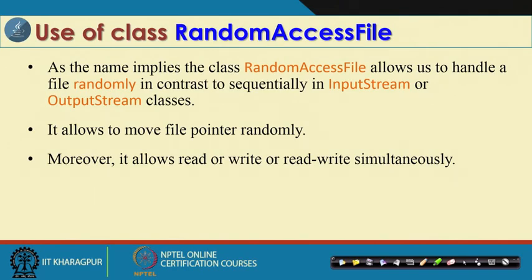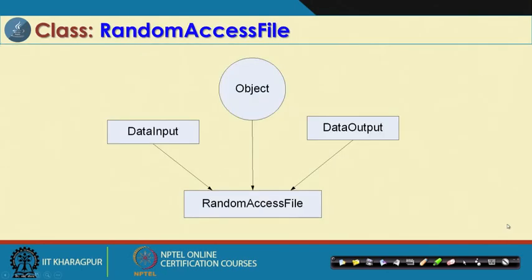Read mode is used as an input, and write mode is used only for output. But random access lets us do both together, read and write simultaneously. We will see exactly how this random access file mechanism works in a Java program.